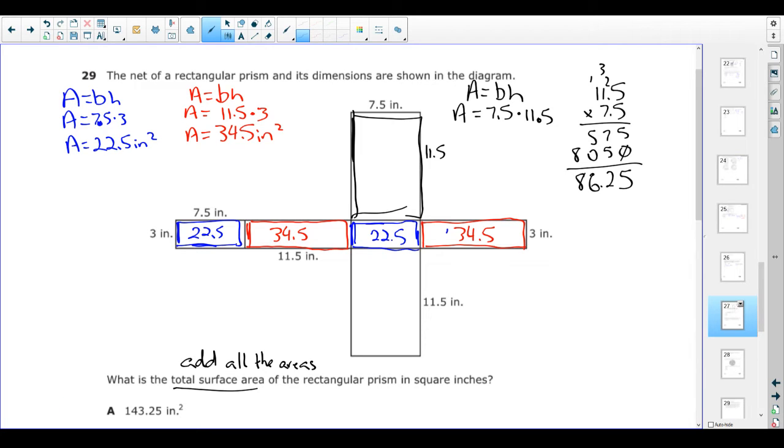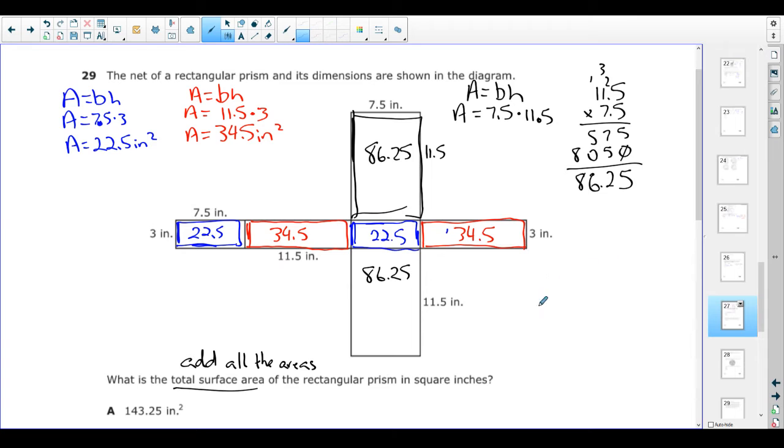Let me double check. I'm distracted by Eric talking about football to me. 11.5 times 7.5. That is correct. Okay. Good, good. This is 86.25, and so is this one.